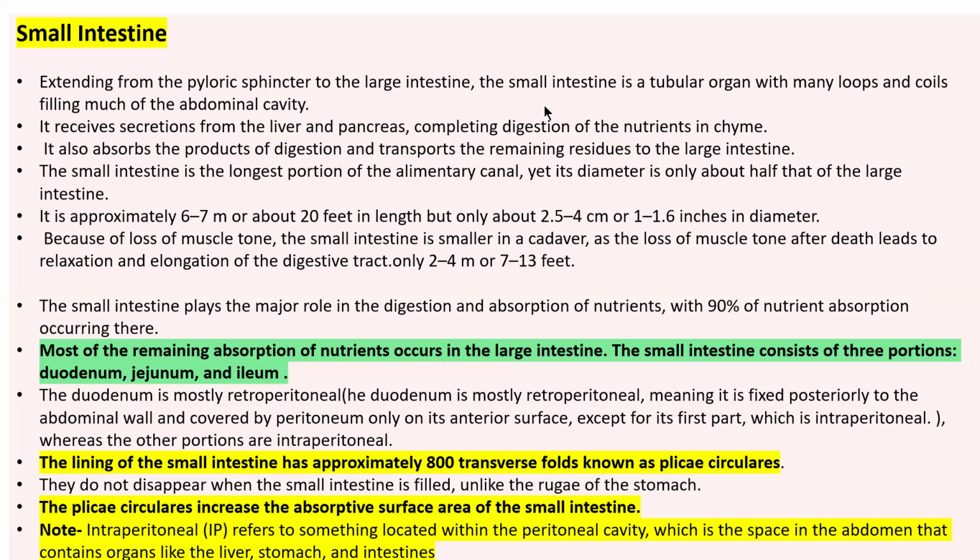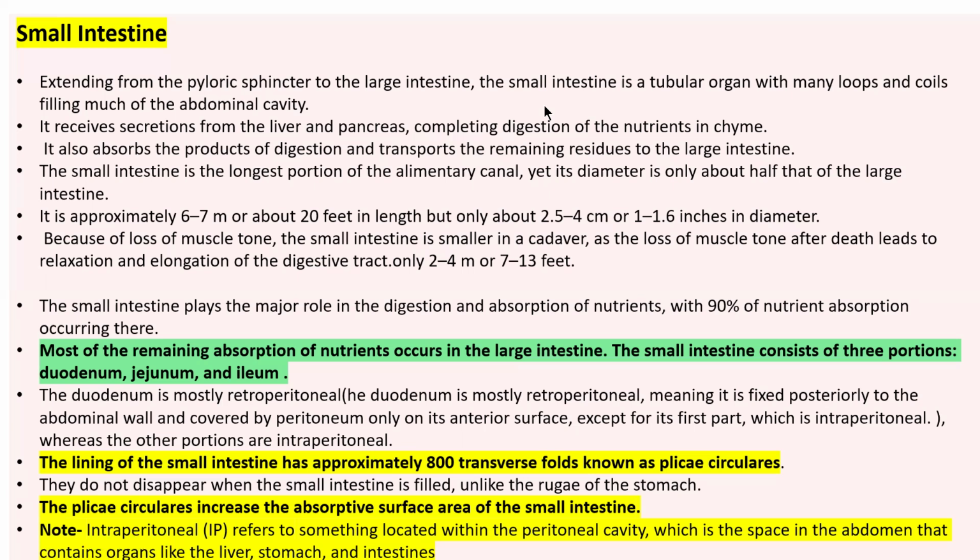The duodenum is fixed in position, lying behind the abdominal wall, and covered by a layer of peritoneum only on its anterior surface. It is mostly retroperitoneal, except for its first part, which is intraperitoneal.